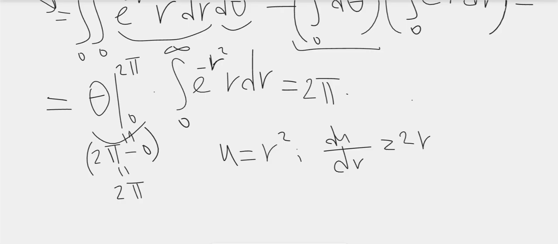So then basically r dr should be equal to simply du over 2.